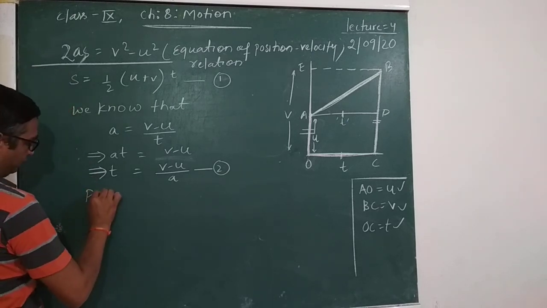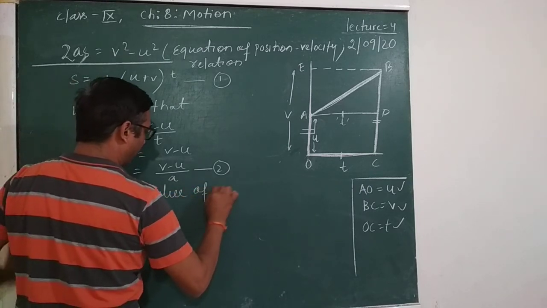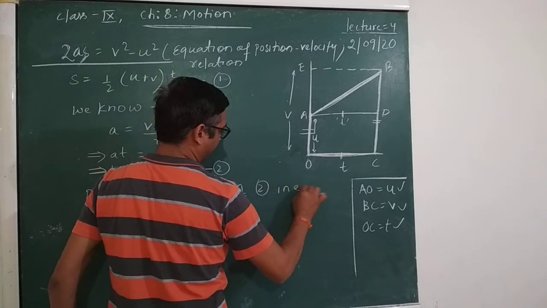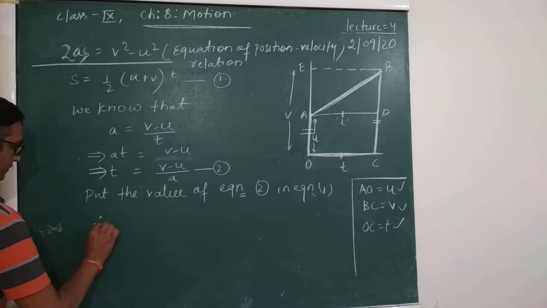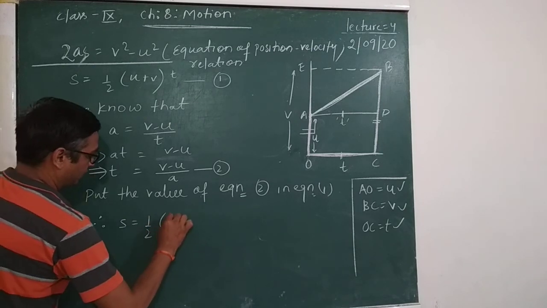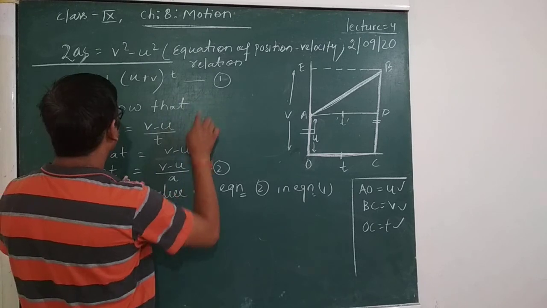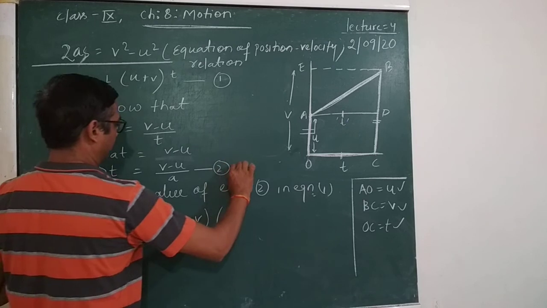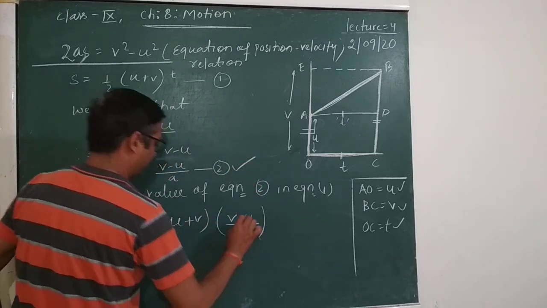Now put the value of equation 2 in equation 1. So here we can write s is equal to 1 by 2 into u plus v into t, and t we have got as v minus u upon a.